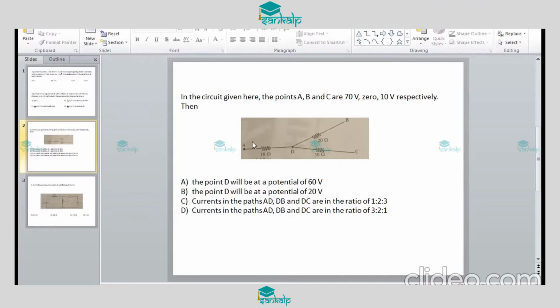At A you have 70 volt, at B you have 0 volt, at C you have 10 volt. Based on that, we are going to find the potential at point D, or the currents in the path. Using this problem we are going to find this option. Okay, so we'll see right now how to solve that.